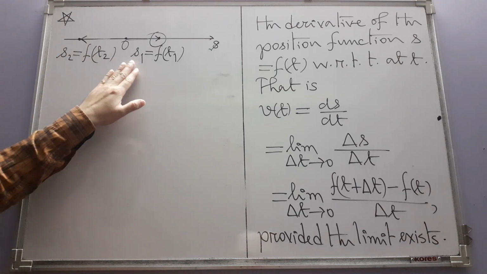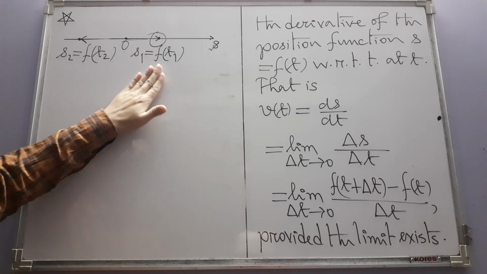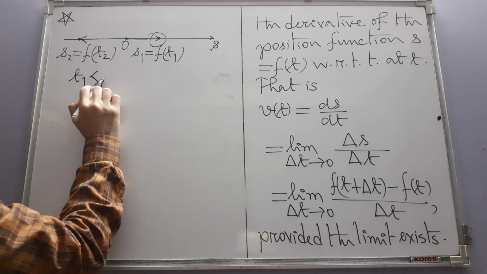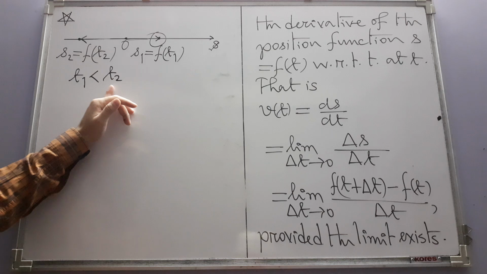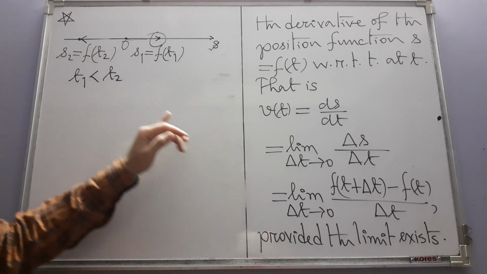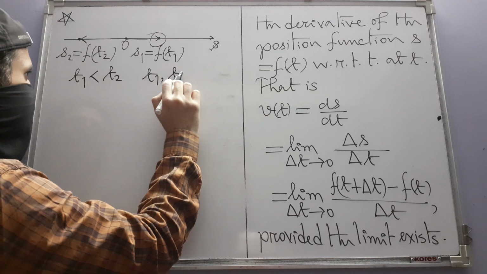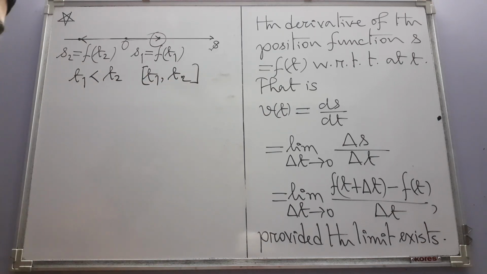So now when you calculate the displacement of the object, say you assume that t2 is a later instant of time. What is the displacement in the time interval t1, t2 of this object?